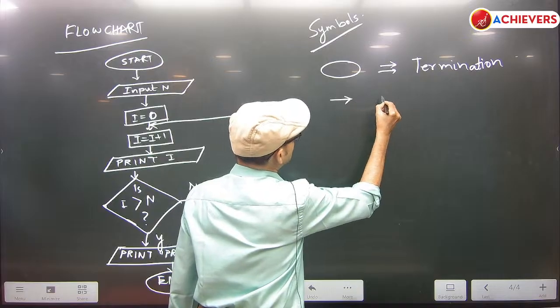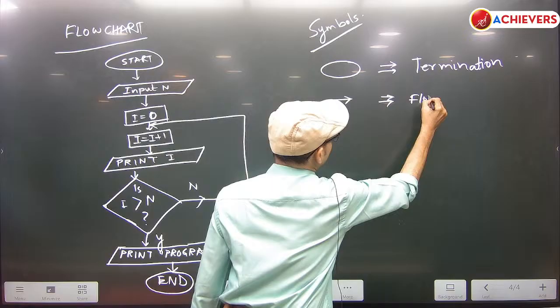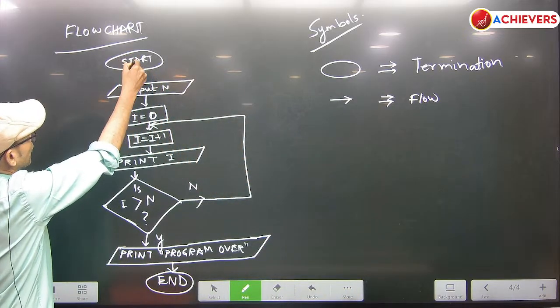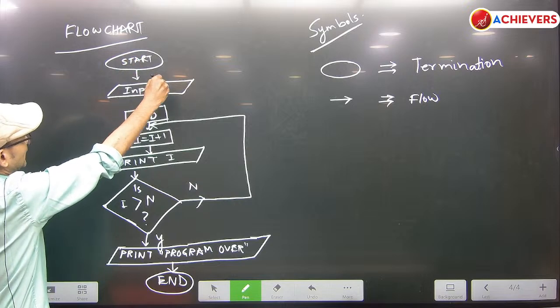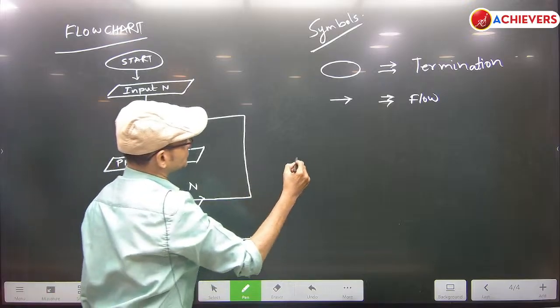This one is flow. So we are flowing from start to input n, then to I equals 0 and so on.